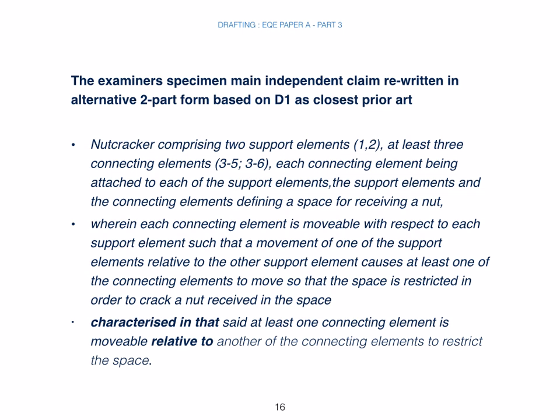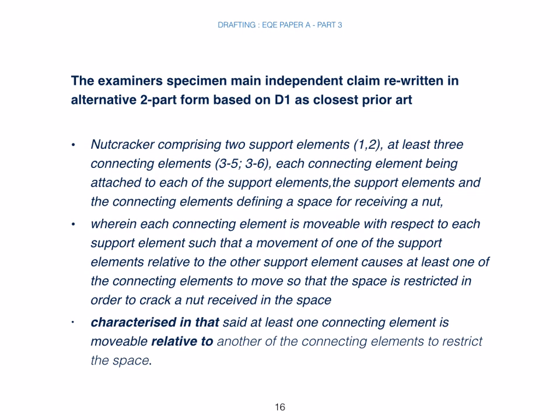If you don't believe me that the pre-characterizing part is properly based upon D2, take a look at D1, I'm getting mixed up, D1. Take a look at D1 figures 3 and 4, and you will see that when the support elements move, the connecting elements also move, but they just don't move relative to one another.